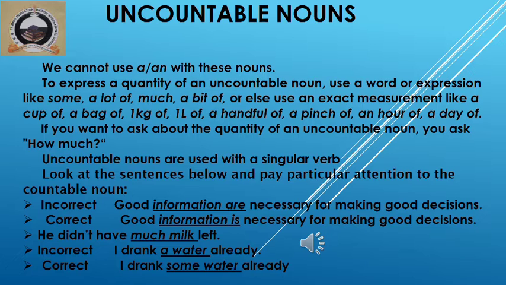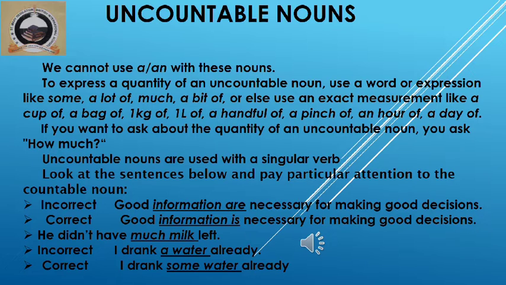Number 3, I drank a water already. Remember we said if you want to use an exact measurement, you use an exact measurement like a cup of, a bag of, 1 kg of, 1 liter of, a handful of, to measure uncountable nouns.